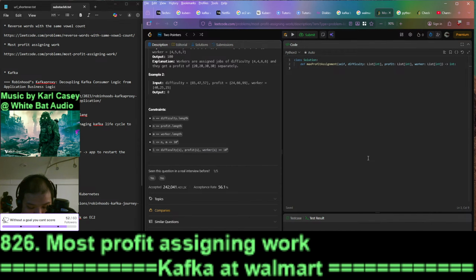So for worker 92, the max profit we want, okay, worker 92 can choose any of these, and we want to choose 86.